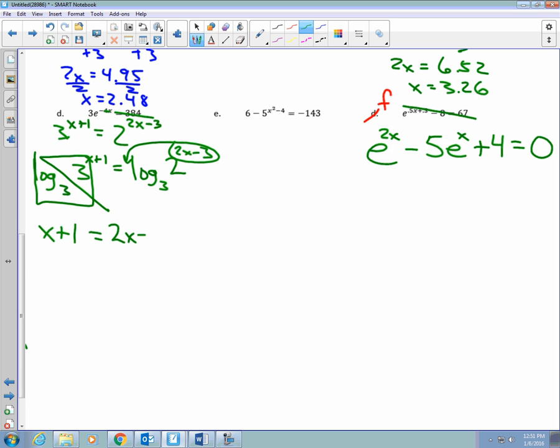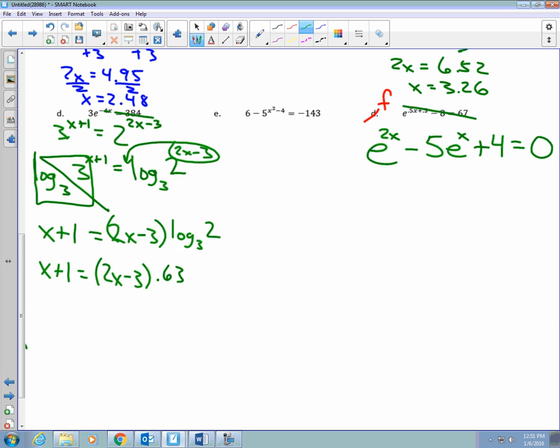So we have 2x minus 3, that quantity times log base 3 of 2. I can now take the log base 3 of 2 and convert it to a decimal and then distribute it and solve. So x plus 1 is equal to 2x minus 3 times, what is the log base 3 of 2?